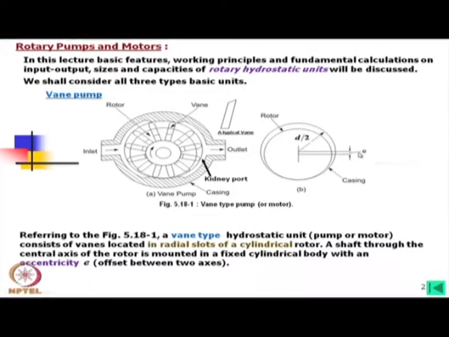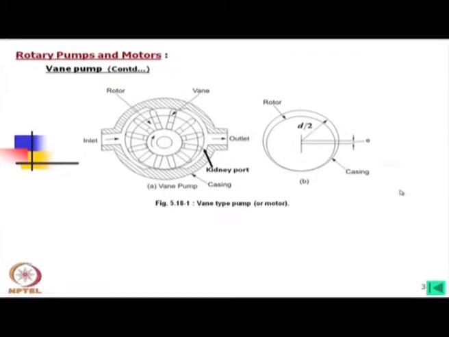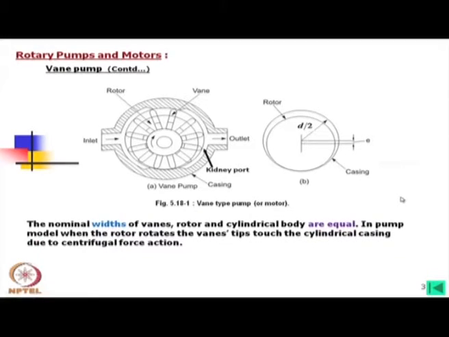This eccentricity is given by E. Within this casing we put an eccentricity and we mount this one with such an eccentricity. Now, what will happen when this cam rotates: due to the centrifugal action, the vanes will touch the casing. This is the next slide we will discuss.